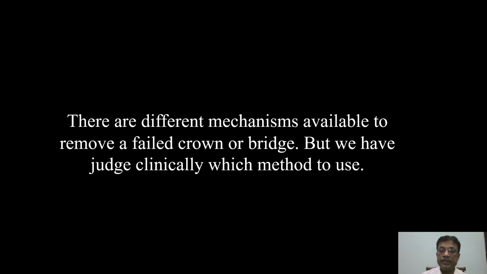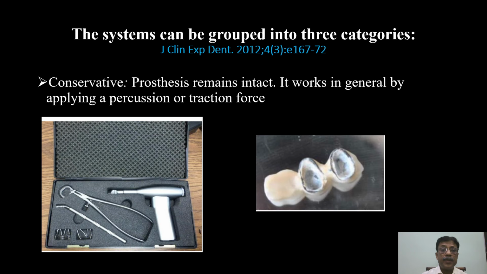Now, step 1, removal of the prosthesis. There are different mechanisms available to remove the crown and bridge, and we have to decide clinically, depending upon the type of restoration placed, the condition of the restoration, and the comfort of the patient. That is also important. So this is the conservative approach. Here, an air-driven kit provided by Cavo is used, and pneumatic pressure is applied on the restoration, and the restoration is removed.